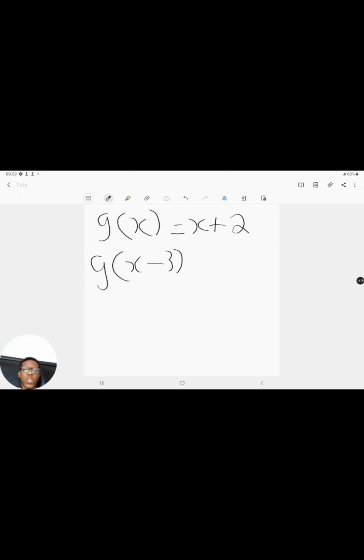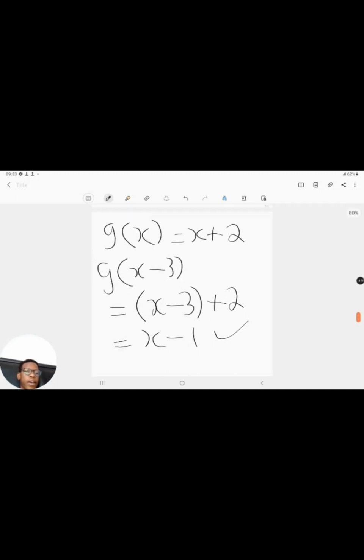How will you get that? Well, my graph is called g, and it is made up of x minus 3. So wherever I have x, I will put in x minus 3. So then I will have this is equal to x minus 3 plus 2.